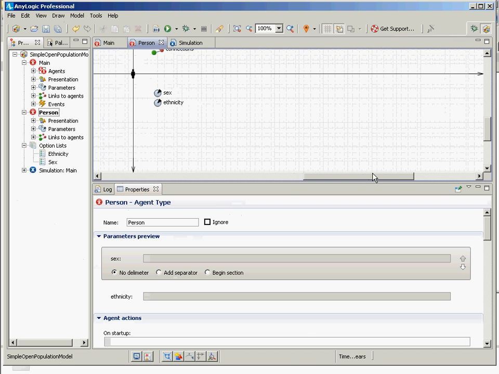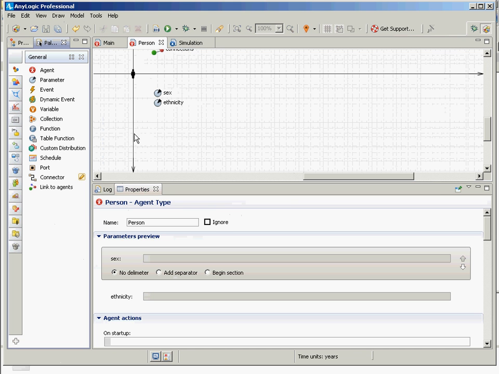And let's go to the palette, and let's set up a state chart, okay? Just trying to think the best way to represent this.